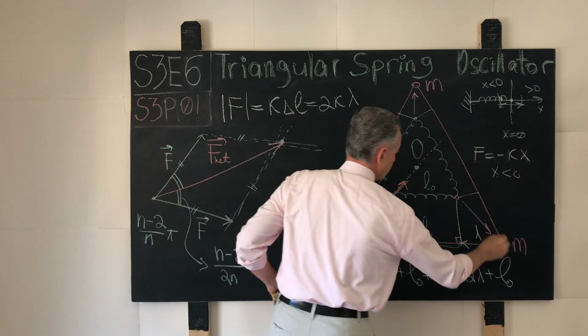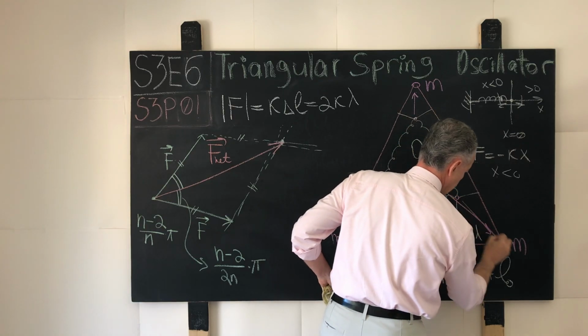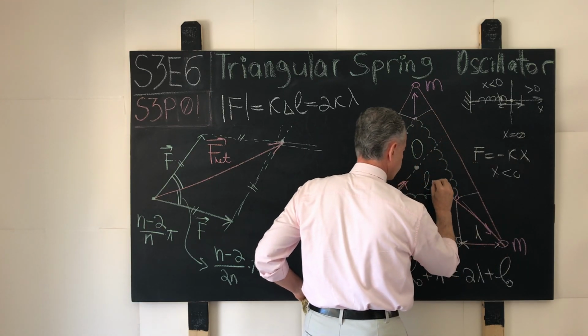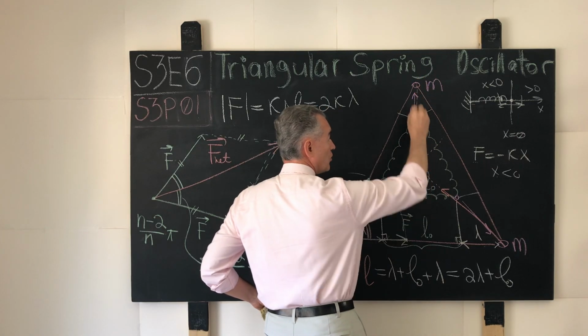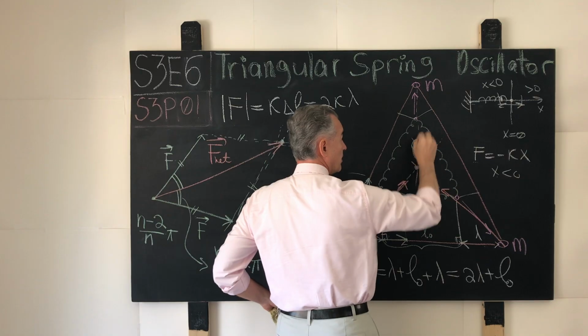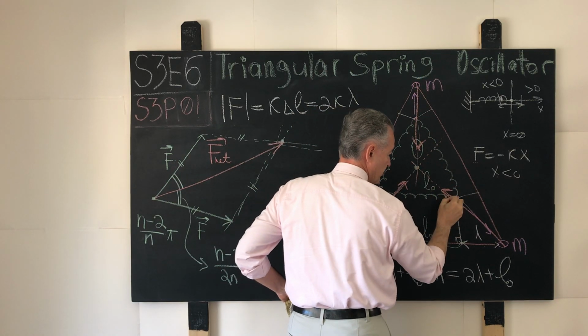So this point will also be acted on by the net force shown over here. It will pass precisely through the point O, and this point will be acted on by the net force that points this way and passes precisely through the point.